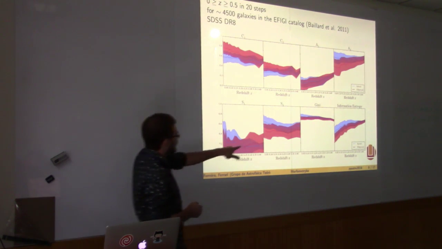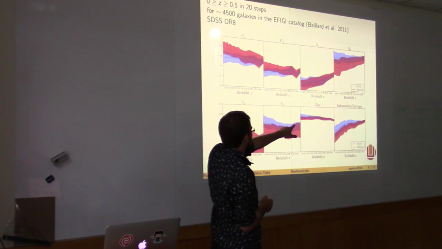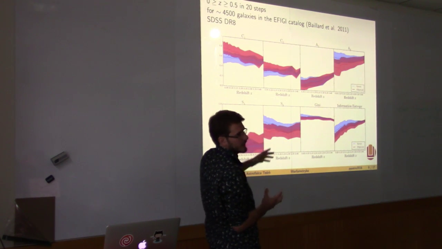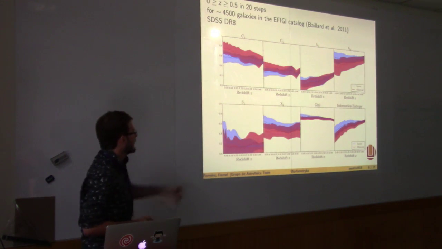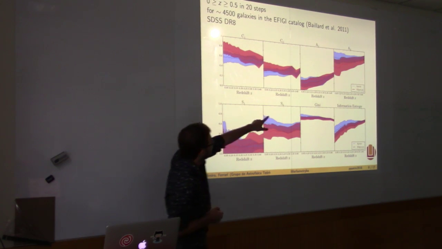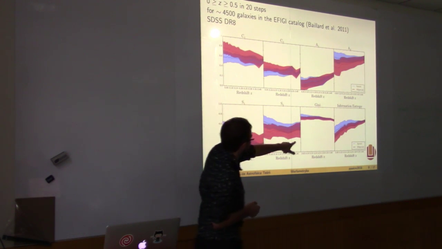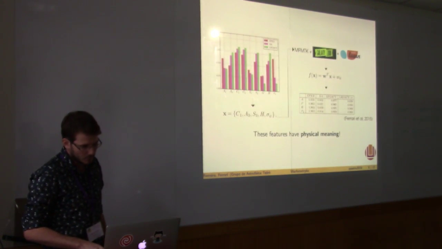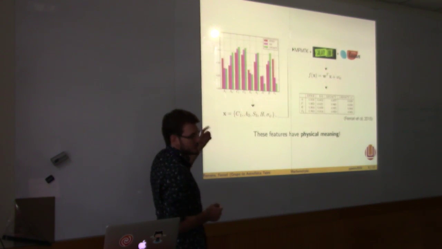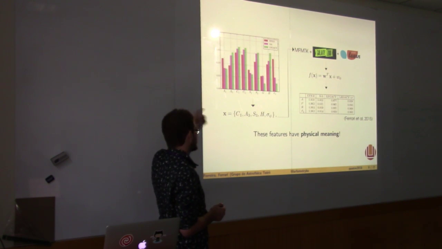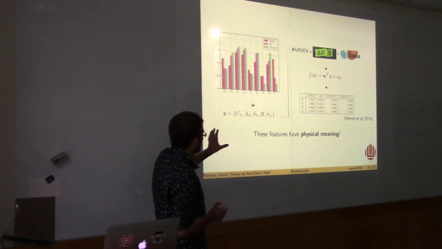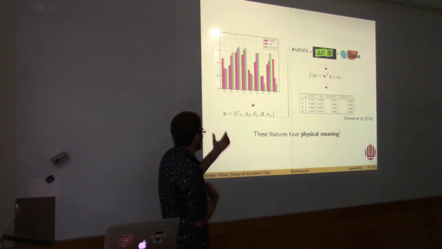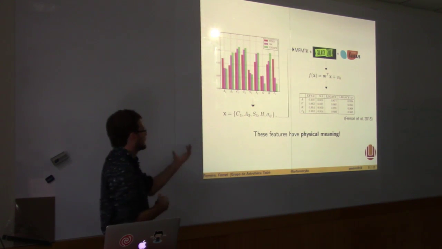And you can see that all the new parameters are better to discriminate morphological classes. S3 is the new one, A3 is the new one, information entropy compared with the Gini one. So if we do feature selection with that, we can see that all the new parameters are better to discriminate classes, plus the usual concentration.